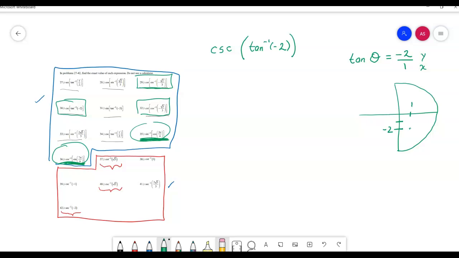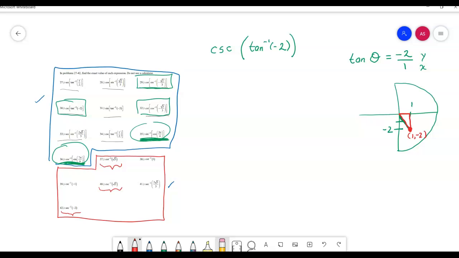I'm going to draw my triangle, remember? There's my r value, and then this is where some mistakes happened way back in the past. Never connect to the y-axis when you draw your triangle. Always connect that point. Remember, that's the point 1, negative 2. Always connect the triangle to the x-axis.